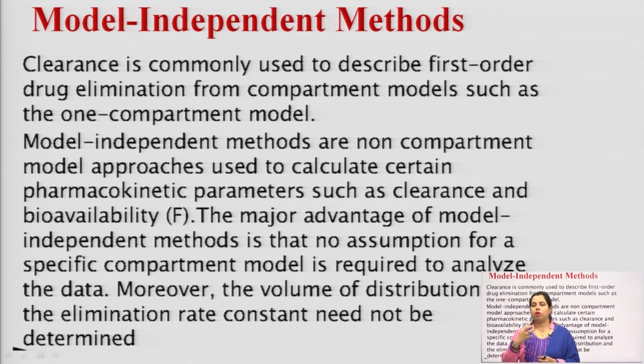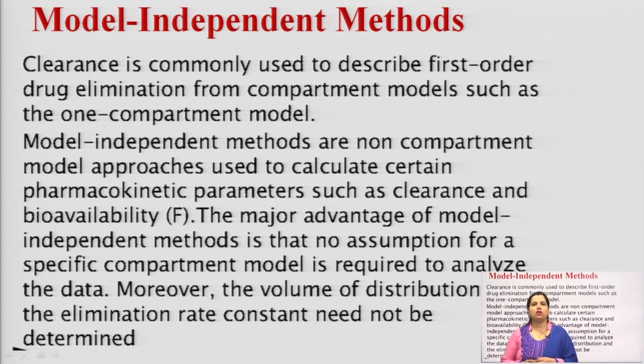We did not discuss model independent approaches much. When we adopt them, we analyze various pharmacokinetic parameters like clearance and bioavailability, and through these parameters we can observe the plasma drug concentration and the rate of elimination.